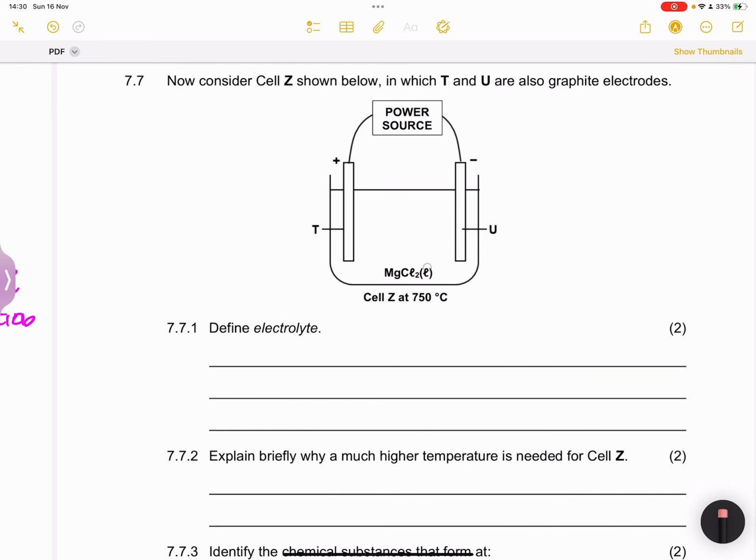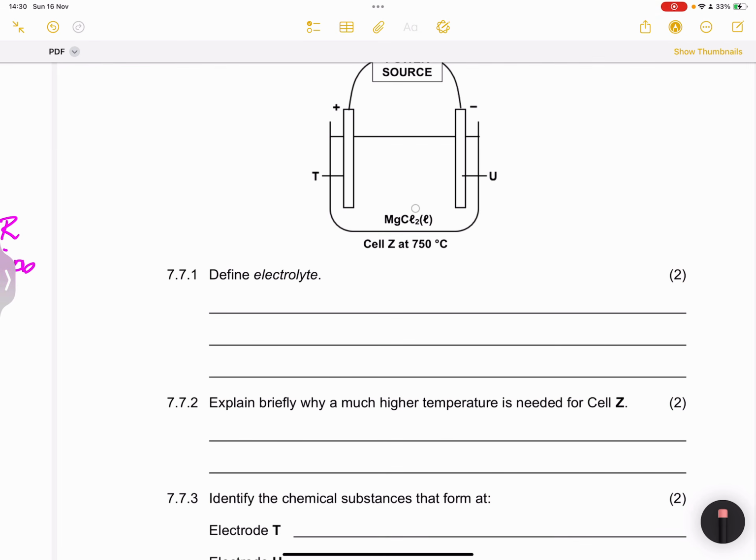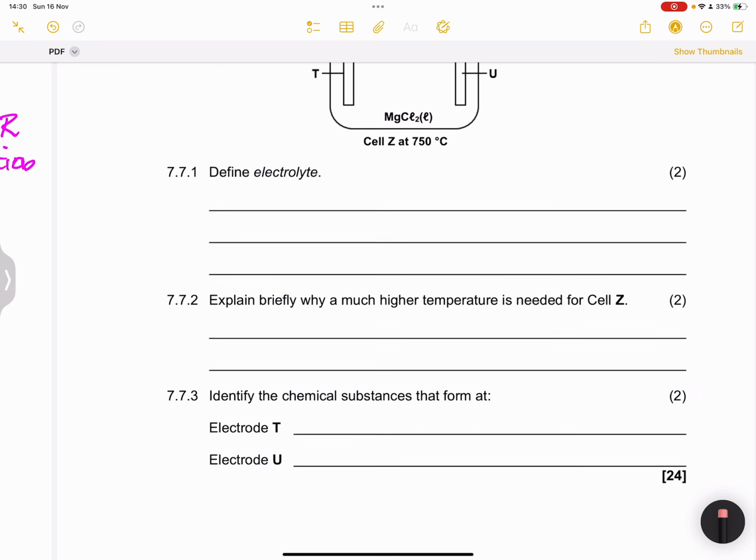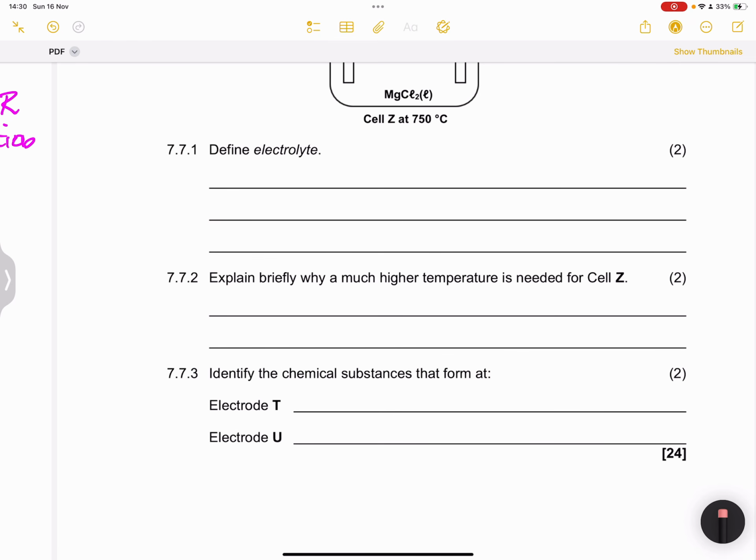Remember the type of bond here is an ionic bond, which means it would need more energy to separate the ions, right?